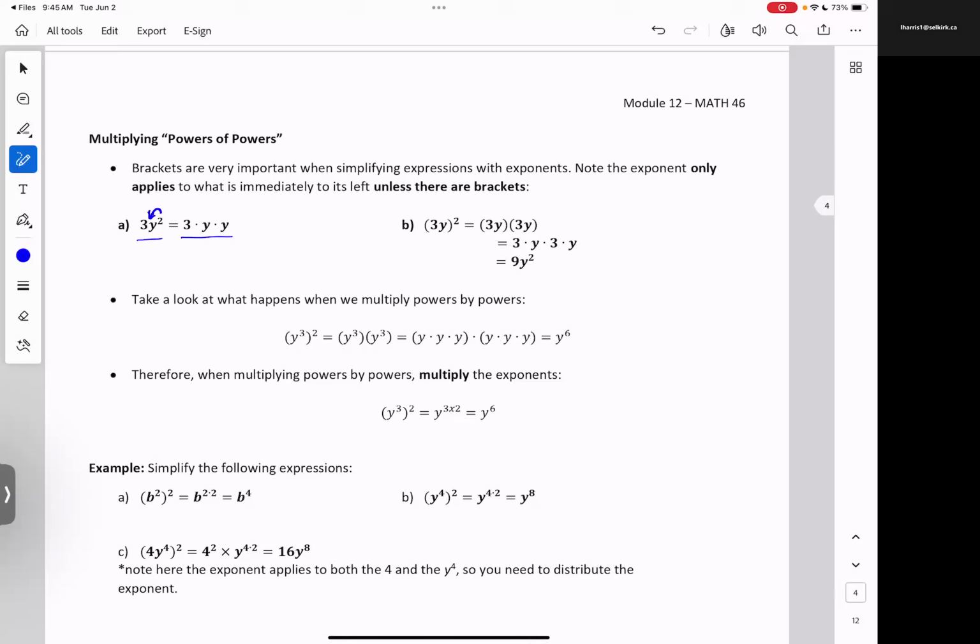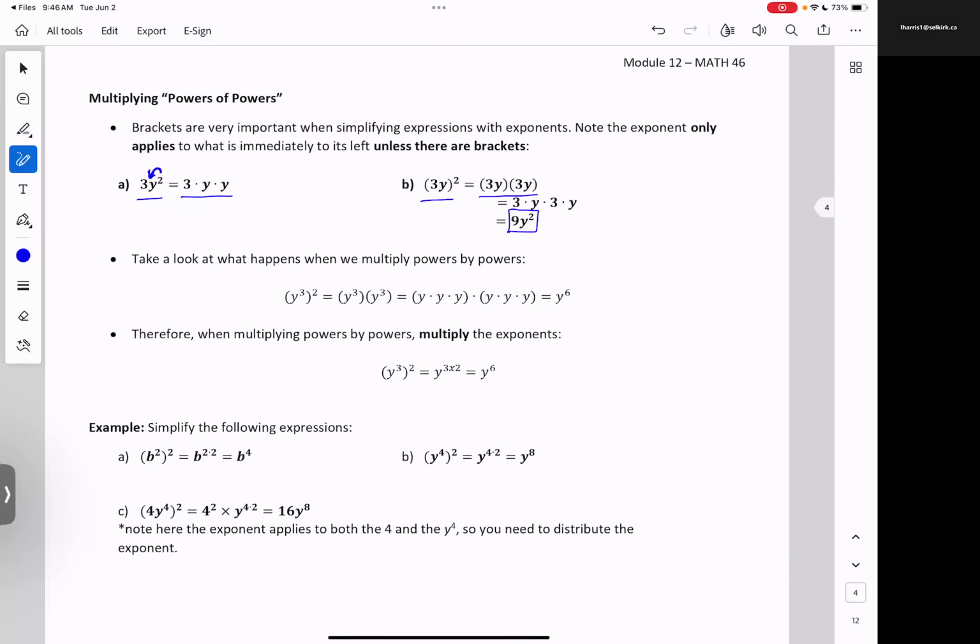In B, now we have brackets. The brackets indicate that everything in those brackets is being squared. So (3y) squared means 3y multiplied by itself. So 3y times 3y. And that ends up giving us 3 times 3 gives us the 9. y times y gives us the y squared. So we get 9y squared.